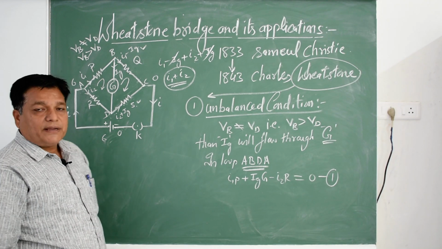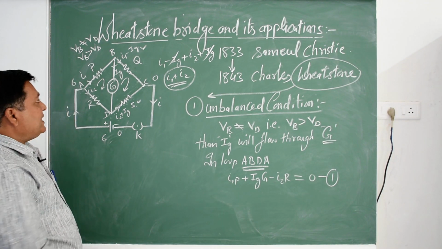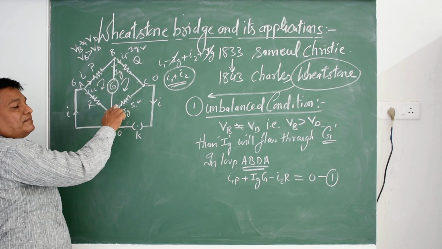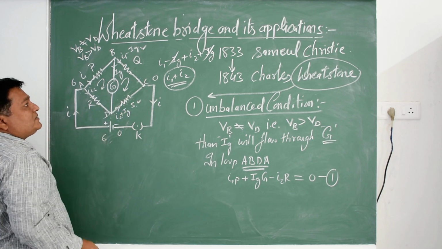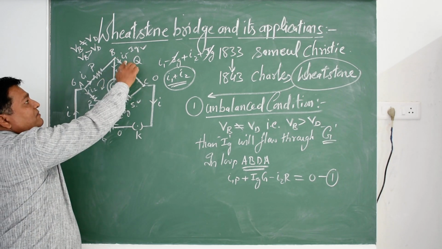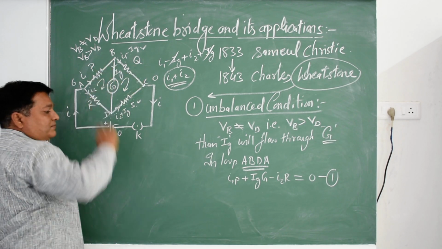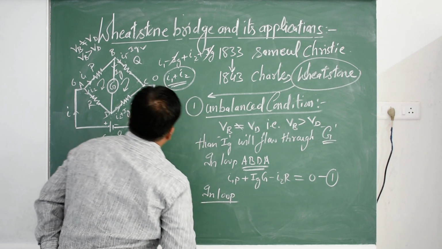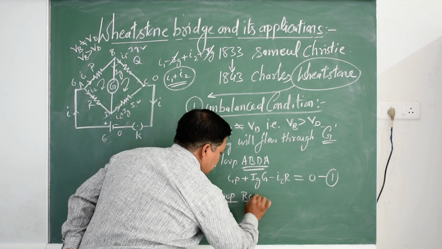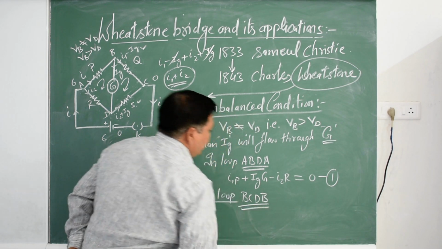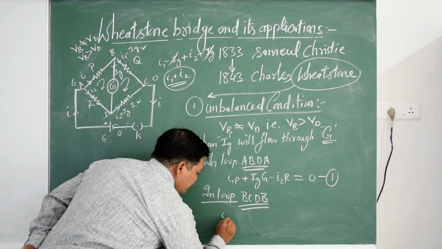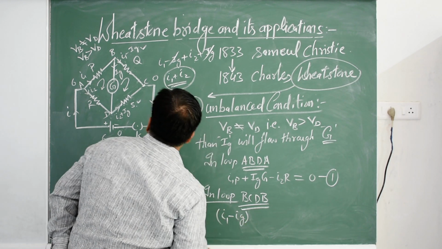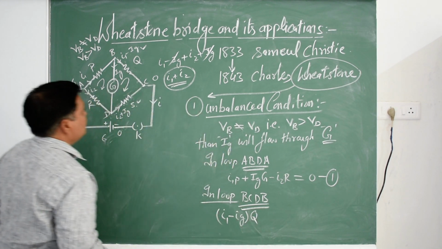We can solve it. Then the second loop, B, C, D and B, with our calculation direction as this. From B to C, I1 minus Ig into resistance Q, in positive direction.